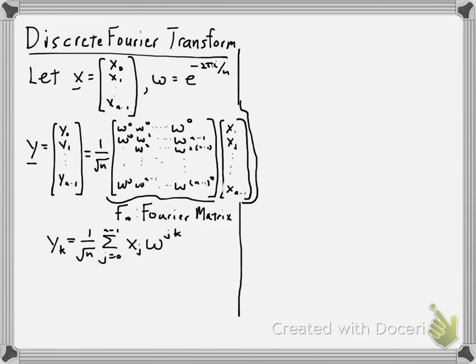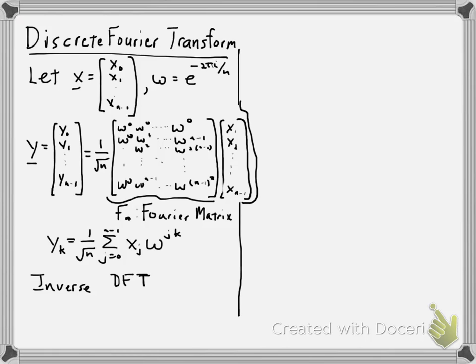We can also define the inverse Fourier transform. And this is the inverse discrete Fourier transform. I'm just going to abbreviate it, the inverse DFT, and the discrete Fourier transform is usually abbreviated as the DFT.